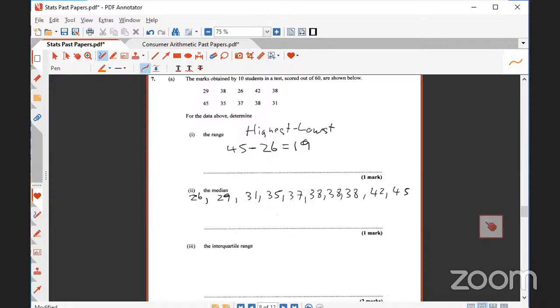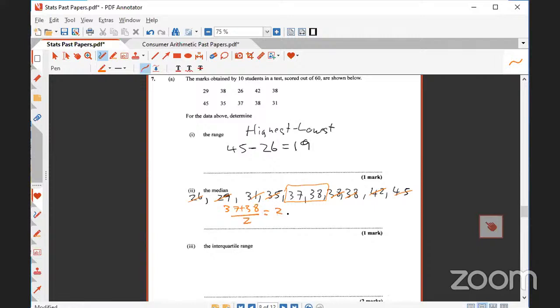If you cross them out, basically one on this side, one on that side, that's how you do it until you end up with what is in the middle. But what do we realize this time? We realize that we have two in the middle. So you're going to add those two together. That's 37 plus 38, and then you divide by 2.